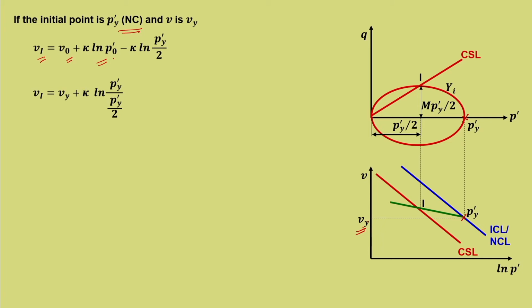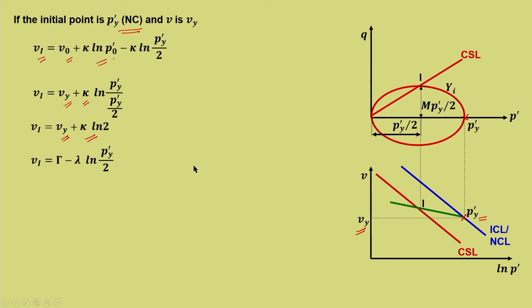So, Vy plus kappa ln P dash O is equal to P dash y, because our starting point is NC. So, P dash y upon P dash y by 2. So, we can write Vi is equal to Vy plus kappa ln 2, because P dash y cancels off.